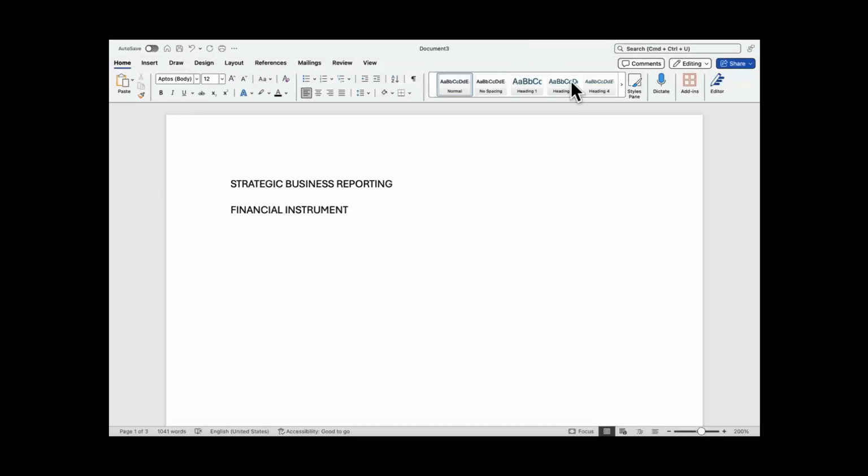Now, today we are going to be looking at financial instruments. And for financial instruments, we'll be using IFRS 9 that talks about financial instruments recognition and measurement, though it's more than that.